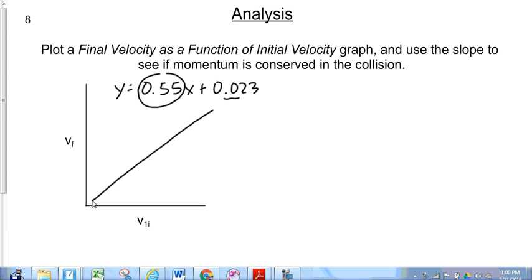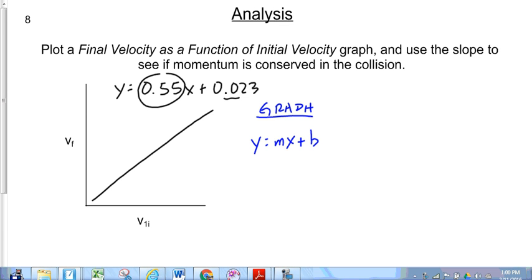All right, here's what I want you to do. I want you to come up with an equation that describes this graph. And it's an equation from math class in grade 9 or grade 10. Always the same as long as it's a straight line graph. From your graph, the equation will always be, for every straight line, y is equal to mx plus b. But what we want to do with this equation is tailor it to this specific graph.